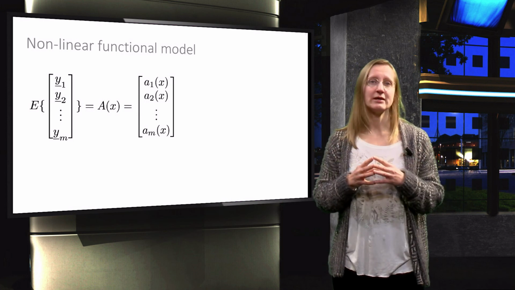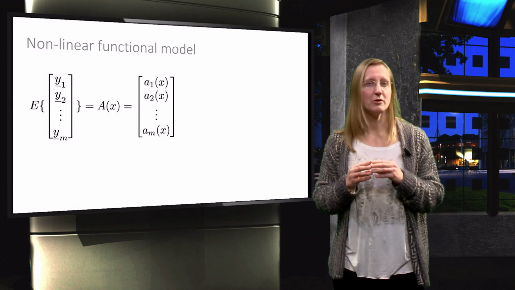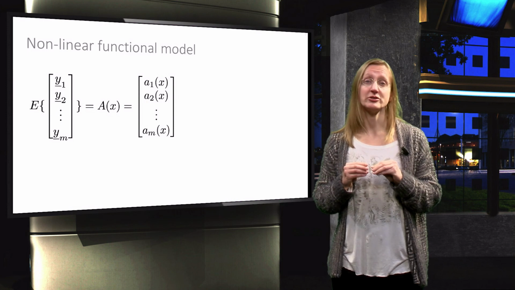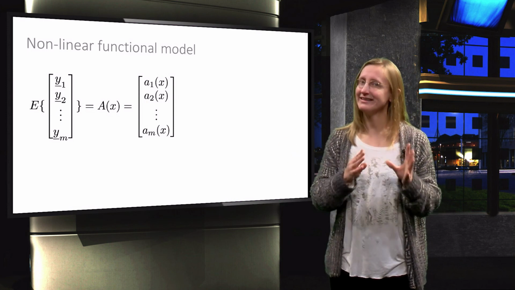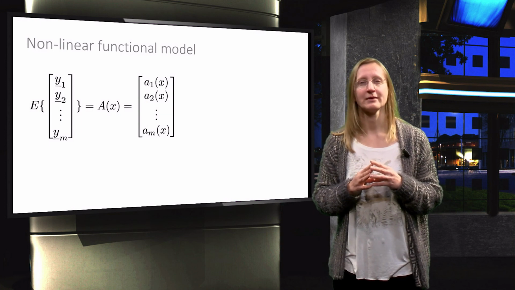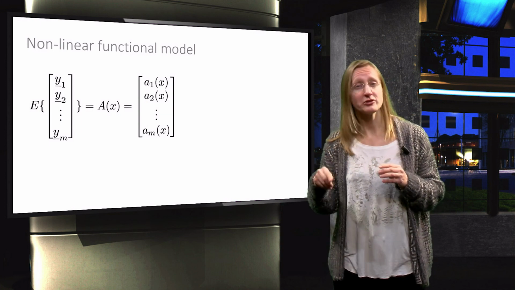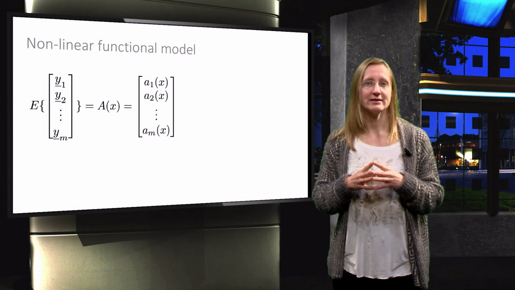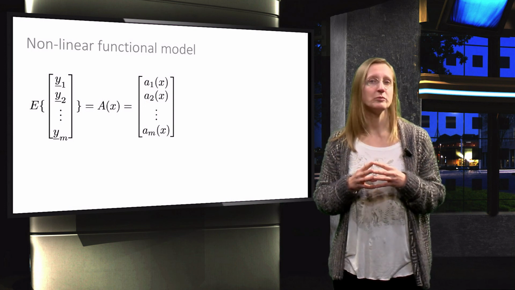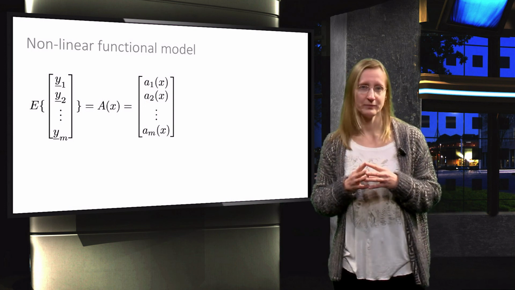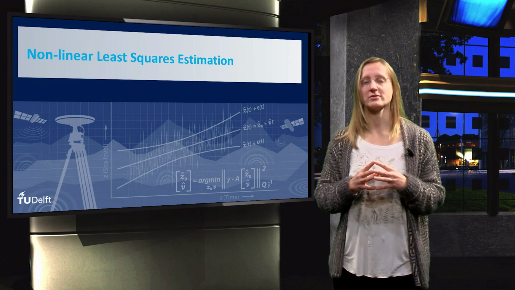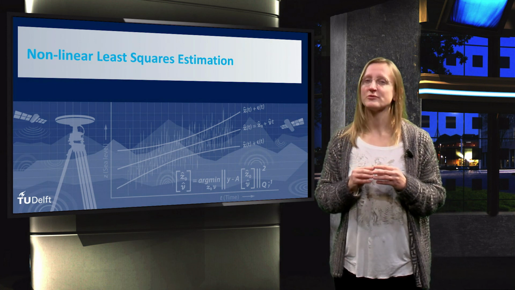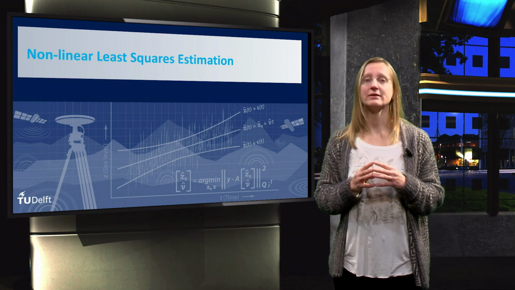And this gives you then, again, a linear system of m observation equations in n unknowns, which can be solved with linear least squares estimation. The iterative procedure as we presented for the scalar case is still applicable and will be presented in the next video, where we will also look at some properties of nonlinear least squares estimation. But let's first work on some examples in the exercises.